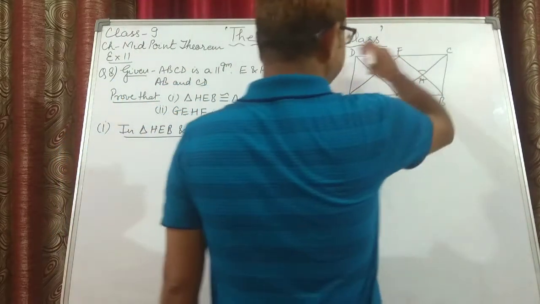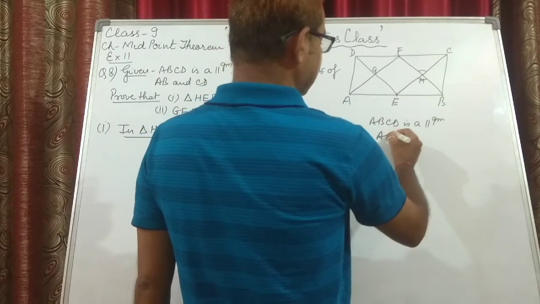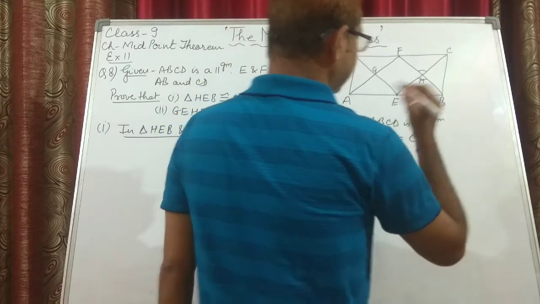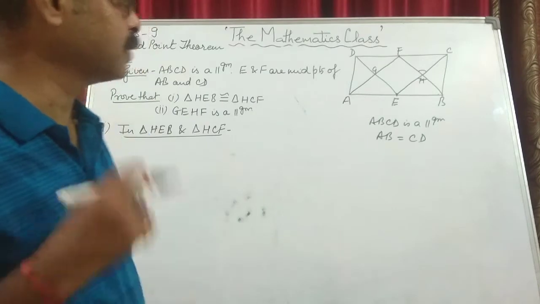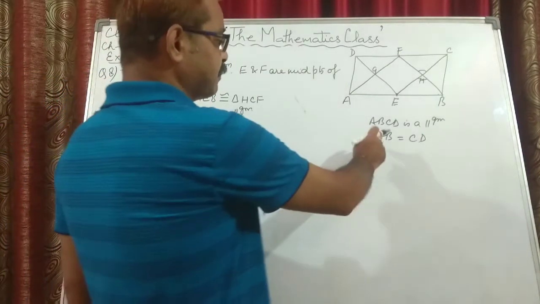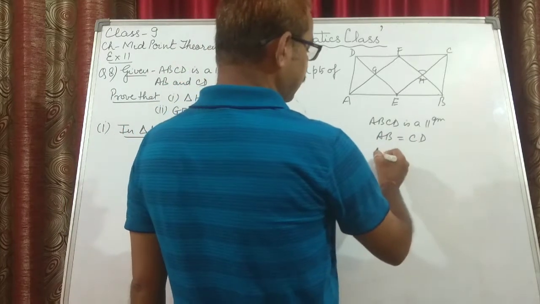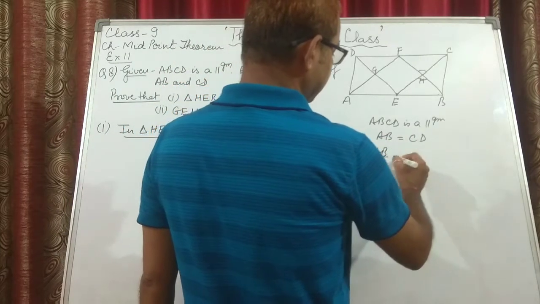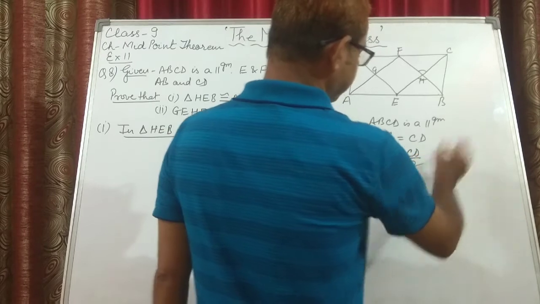Since ABCD is a parallelogram, AB is equal to CD, because in a parallelogram opposite sides are parallel as well as equal. Now if AB and CD are equal, it's obvious that half of AB will be equal to half of CD.